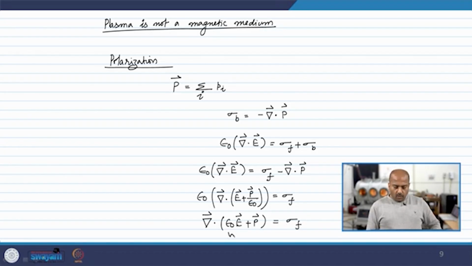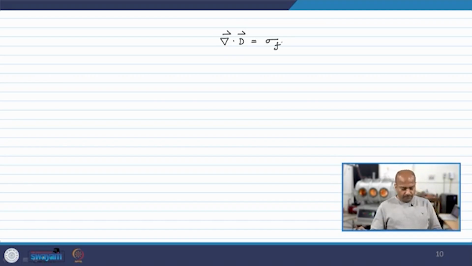Now, we know what this quantity is. D is equal to epsilon naught E plus P, right. So, we can write del dot D is equal to sigma f, or D is equal to epsilon E. So, what have we done?